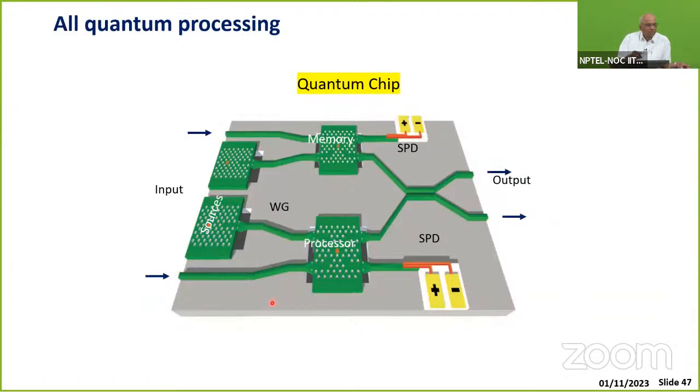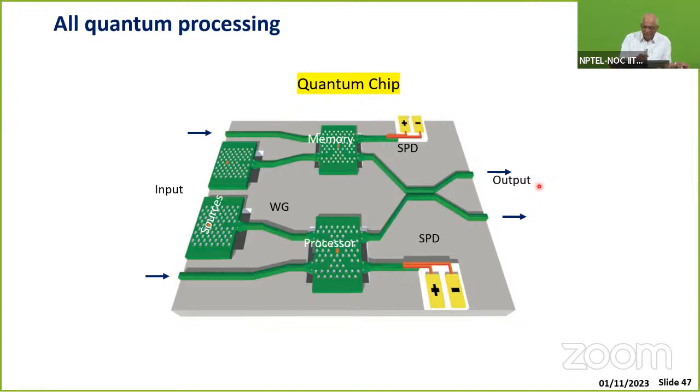This is purely imaginary, all-quantum processing, but it will happen at some time soon. What I call a quantum chip, not an Intel chip, but a quantum chip. The input could be any information, and there's an output.